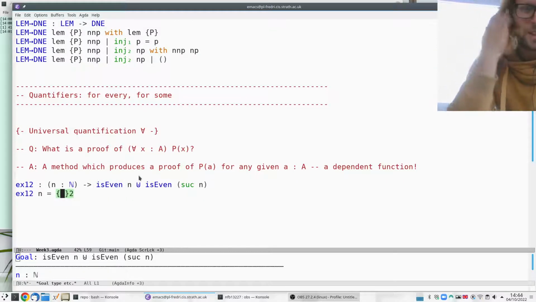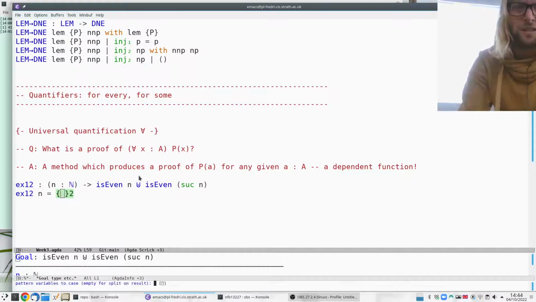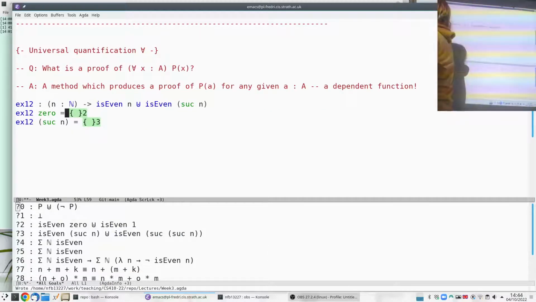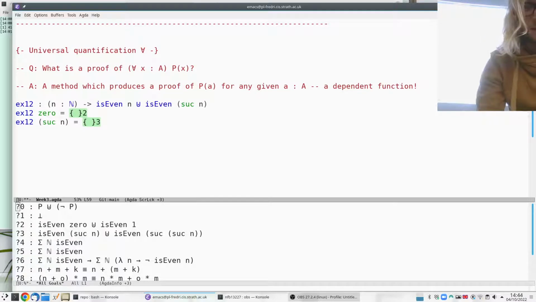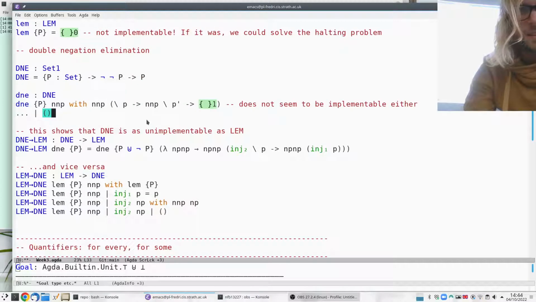But okay, so I don't know what n is, so how do I figure out what n is? I'm going to pattern match on it. Then I'm going to get two pieces, it's either 0 or a successor. And now we can look at the 0 case.